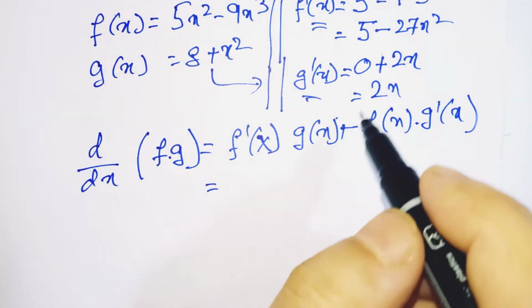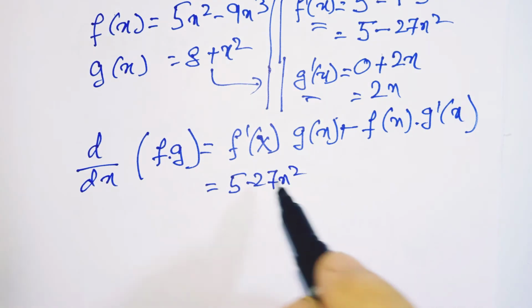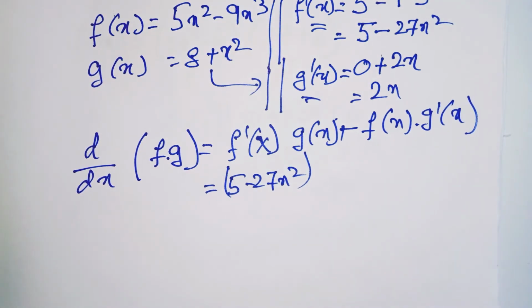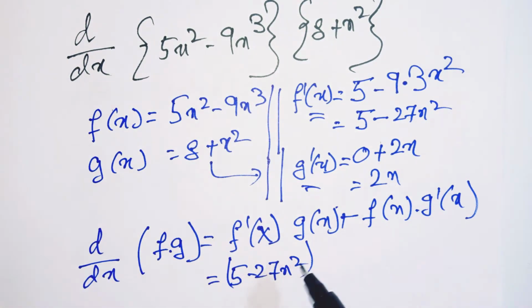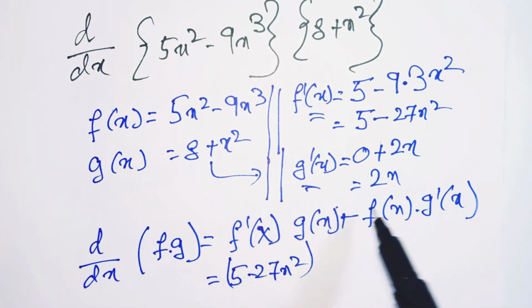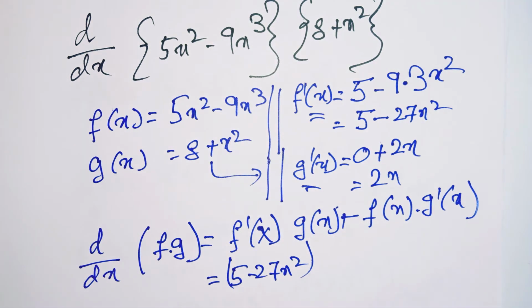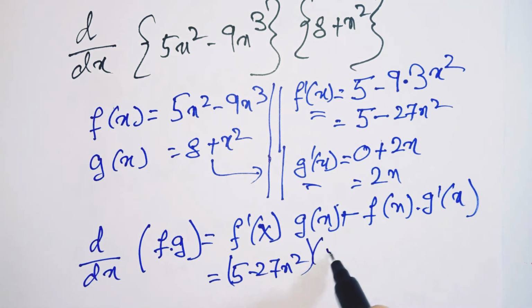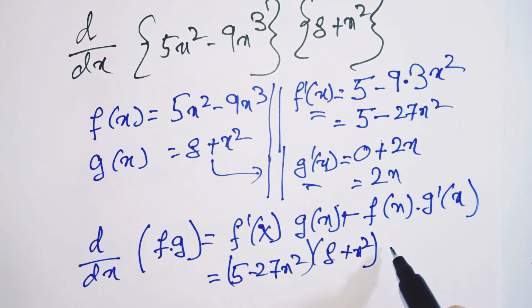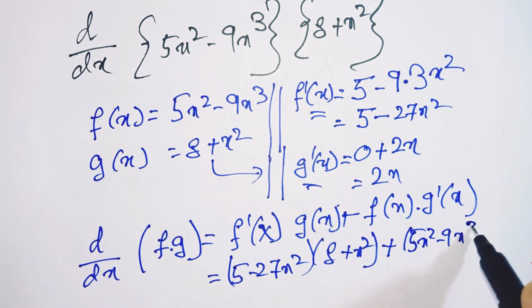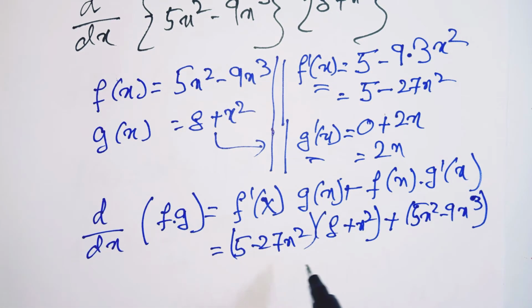So f prime of x is 5 minus 27x^2, and I put it in brackets, and then g(x) is 8 plus x^2. Then I put a plus sign, and again write f of x, that is 5x^2 minus 9x^3, multiplied by g prime of x, which is 2x.